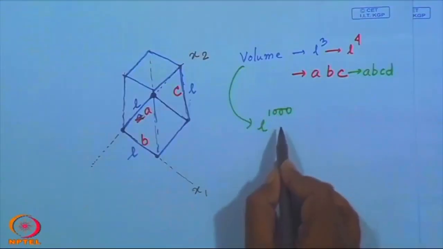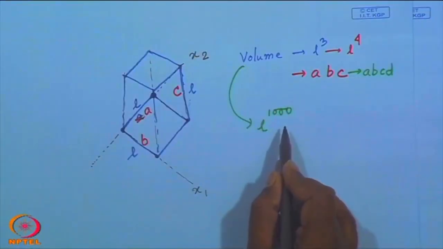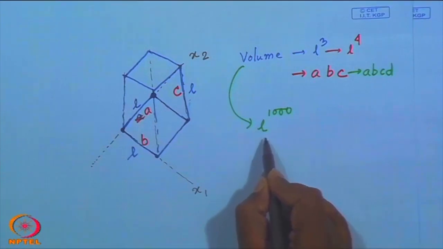And this is a cube in 1000-dimensional space, where every side of that hypercube is equal to L.